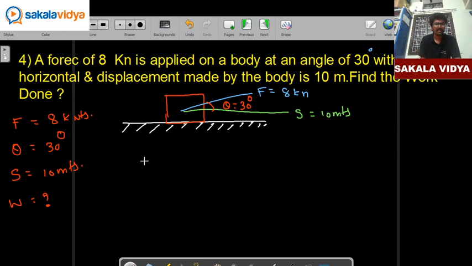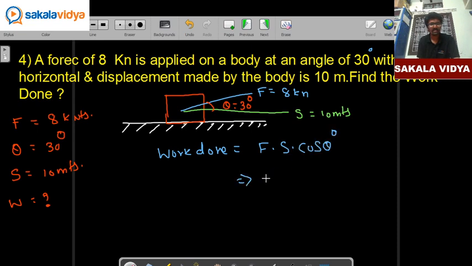So simply, work done is nothing but F into S into cos theta. So F is nothing but 8, into S, which is the displacement made by the body, that is 10 meters, into cos 30.